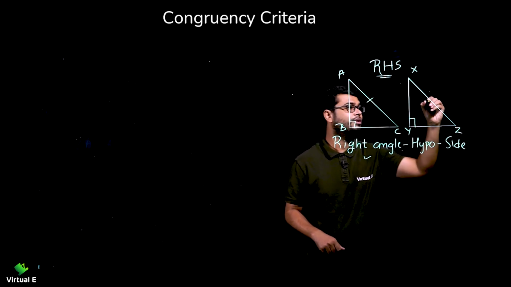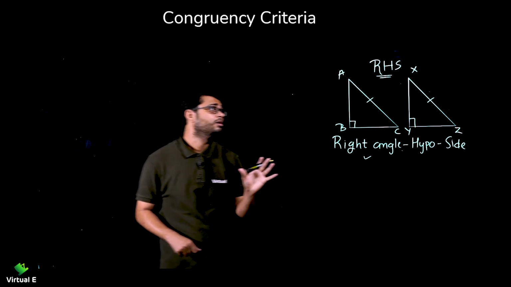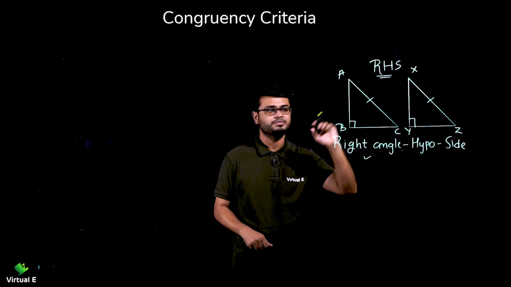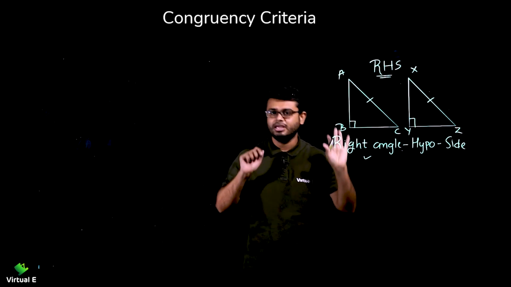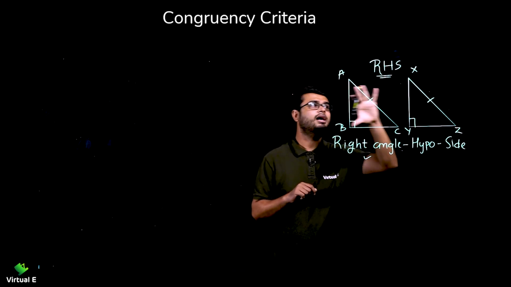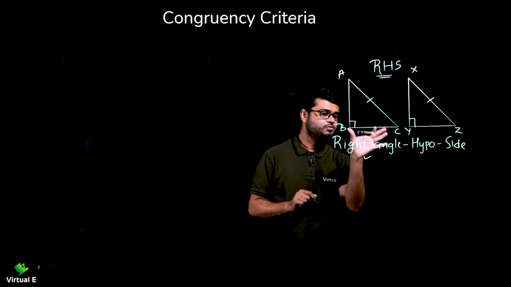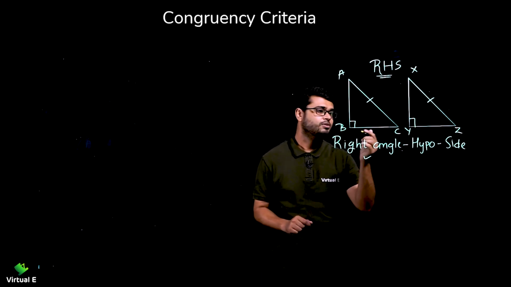Hypotenuse should be equal as well, and side. Now for the right angle triangle there are two sides. One is base, another is height. Either of them can be equal, or let's say only height is equal in this case, that is also accepted, or base is equal BC and YZ, that is also accepted. So let's take only base here.